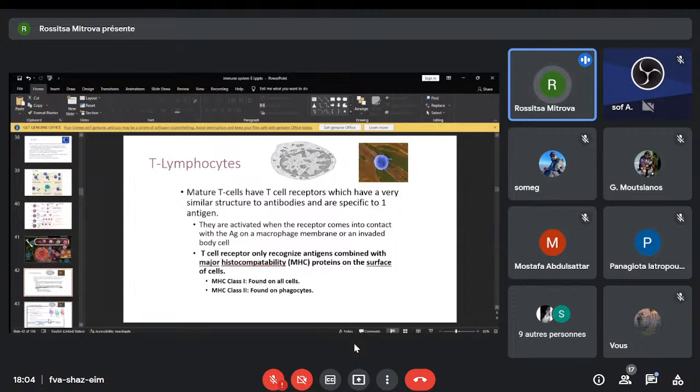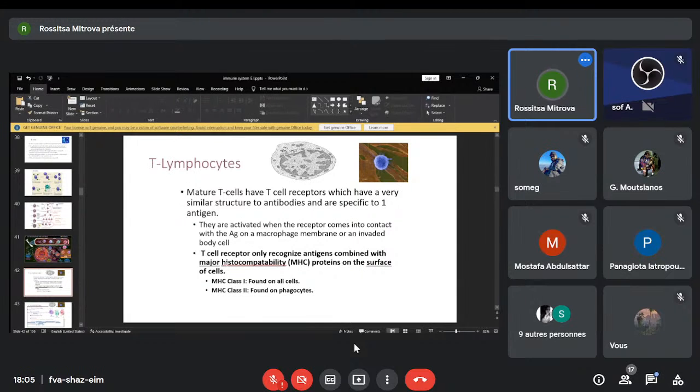They are activated when the receptor comes into contact with the antigen on a macrophage membrane or an invaded body cell, destroyed or ill body cells. The T cell receptor recognizes only antigens combined with major histocompatibility proteins on the surface of the cell.